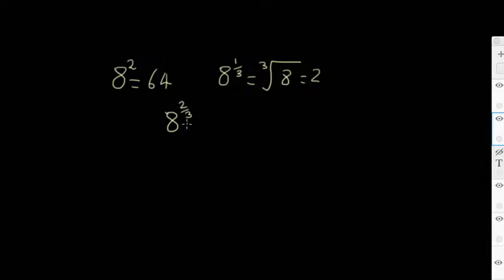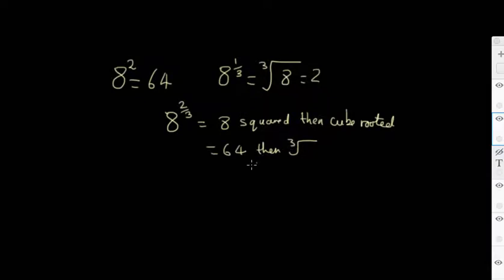So method 1 would be to take 8 to the 2/3 and do 8 squared, then cube root. So 8 squared is 64, then we're going to cube root, so that would be 4. So that's method 1. Method 2 would be doing it the opposite way.